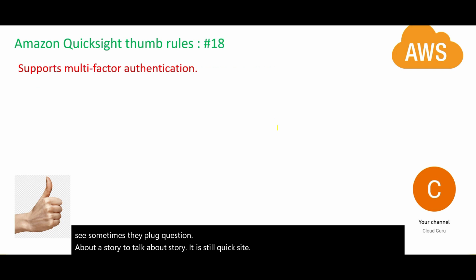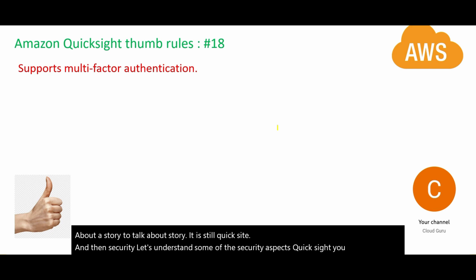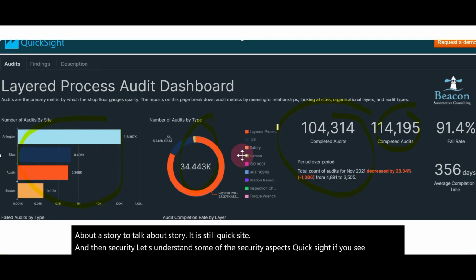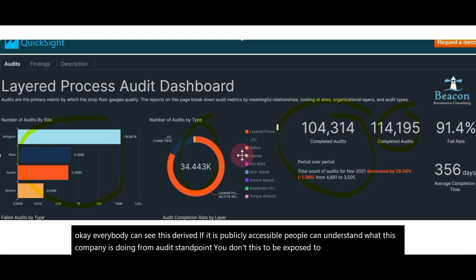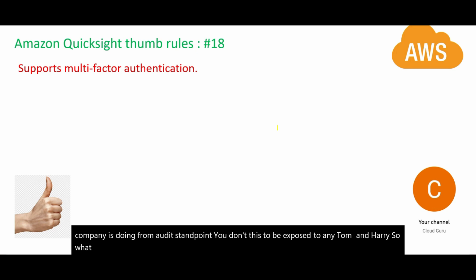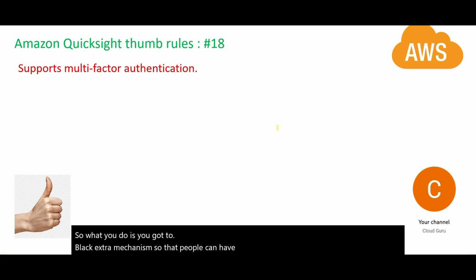And then security. Let's understand some of the security aspects. In Quicksight, if you see this data, everybody can see this data. If it is publicly accessible, people can understand what this company is doing from an audit standpoint. You don't want this to be exposed to any Tom, Dick, and Harry. So you have to plug in an extra mechanism so that people cannot have free access to your data points.